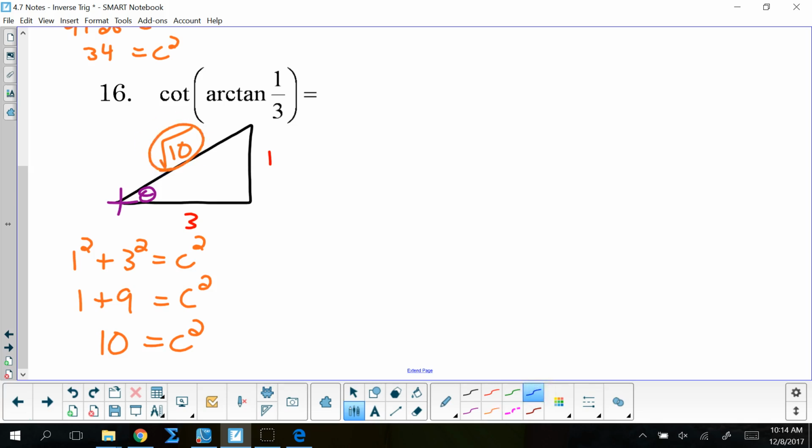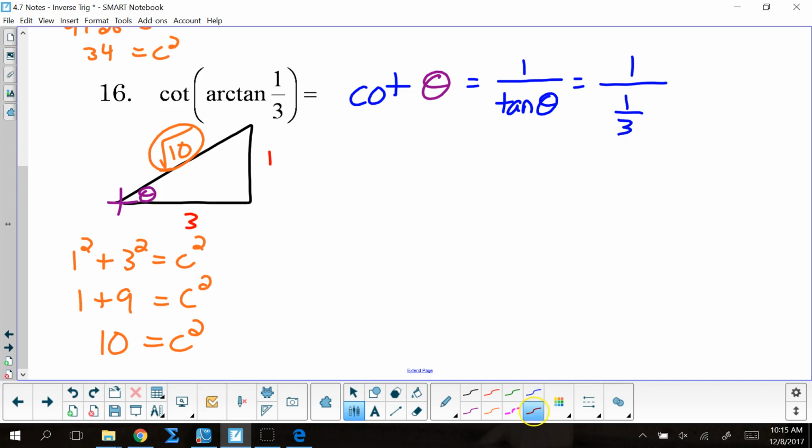So this is basically asking me for the cotangent of theta, which is 1 over the tangent of theta, which is 1 over 1/3, which is 3. Could have also went to cotangent being instead of TOA, it's AO, adjacent over opposite. Okay.